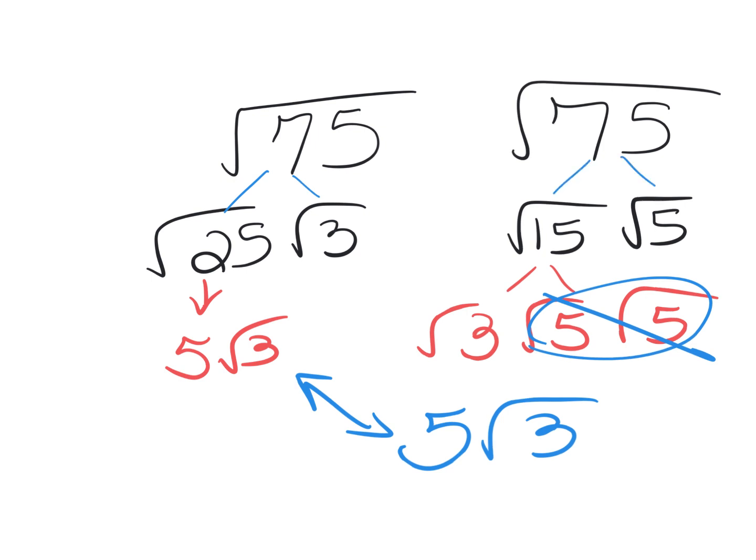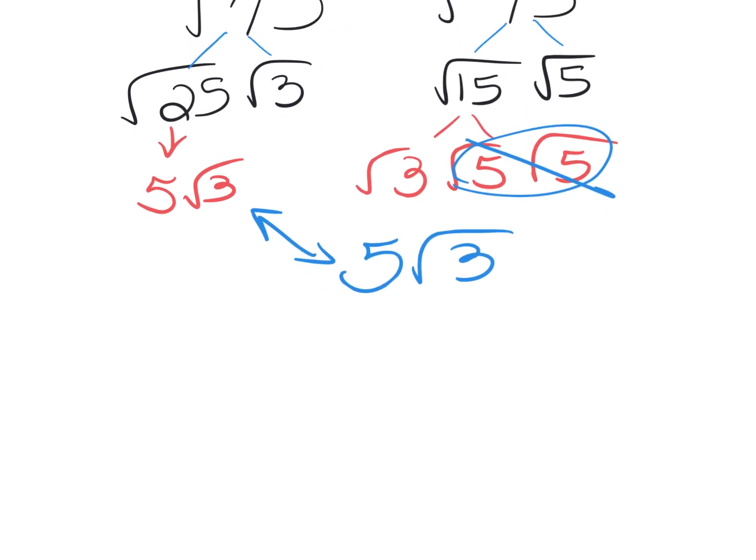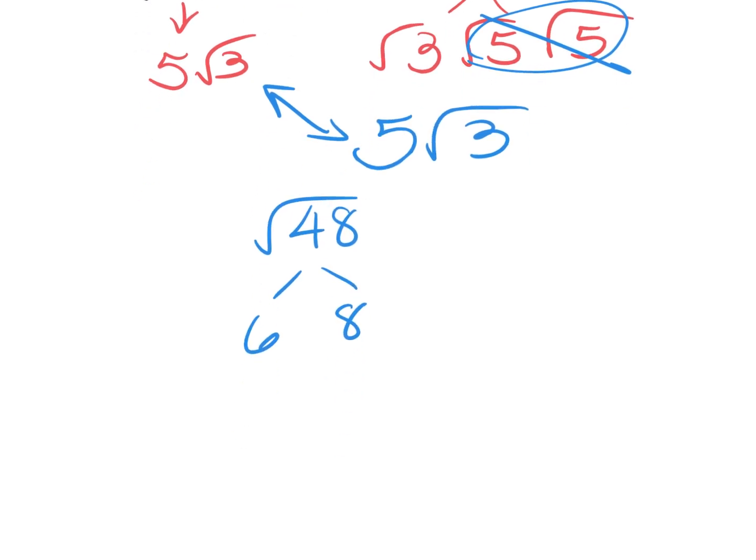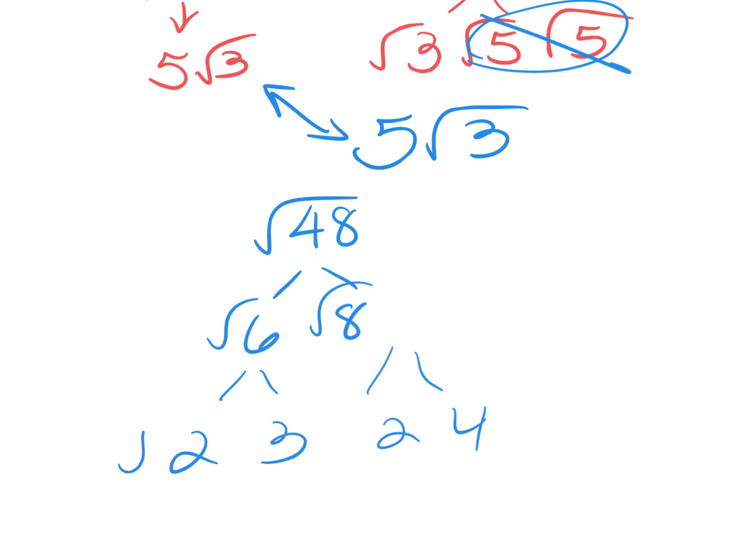Let's try another one. Let's try 48. There's a bunch of ways to break down 48. I could do 2 times 24. I could do 3 times 16. Let's just do 6 times 8. Just one more quick little example. 2 and 3, 2 and 4.